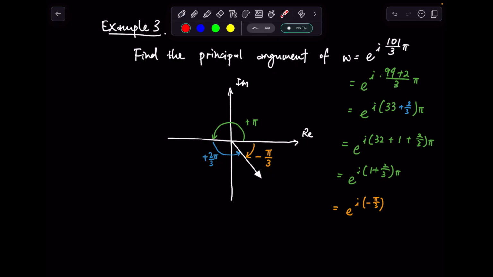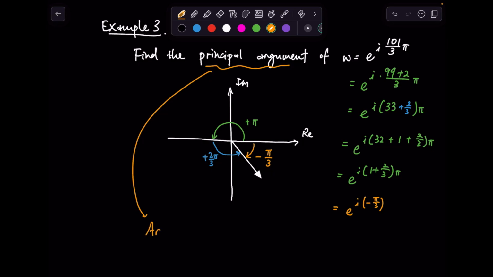Or you can put a negative sign outside if you want, doesn't matter. So this is my complex number, but the question asks for the principal argument. Let's denote it as capital A, argument of w in this case. This is negative pi over 3. And we are done. So that's all for this video.